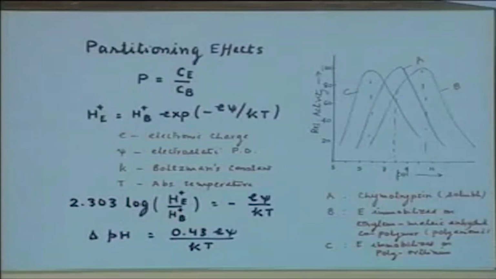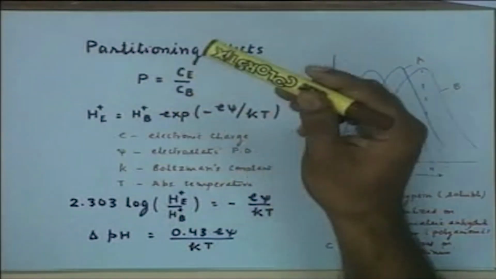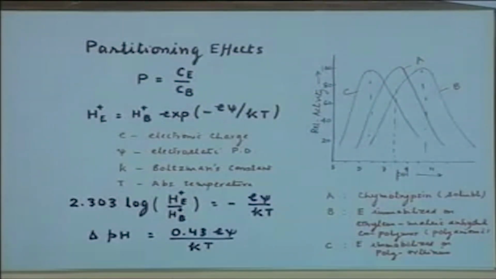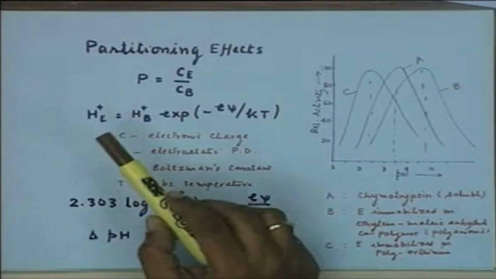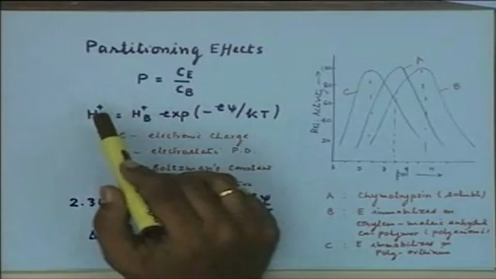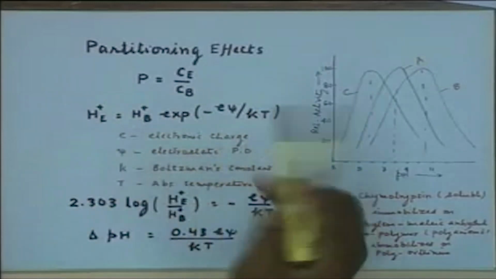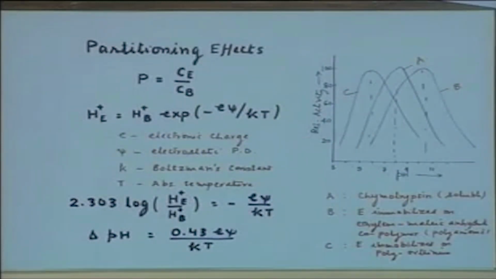A quantitative analysis of the partitioning effect can be given in terms of a factor we can call the partitioning coefficient, the partition factor, which is the ratio of the concentration of any species at the enzyme active site divided by the concentration in the bulk. If you consider the pH effects or hydrogen ion concentration, it can be described in the two phases, that means the solid phase at the enzyme active site and the bulk phase, by a Boltzmann type of distribution.